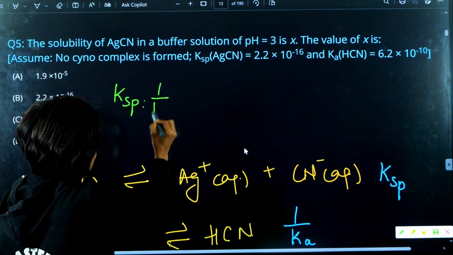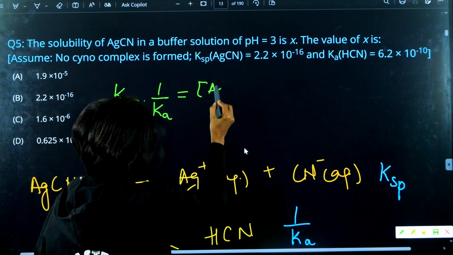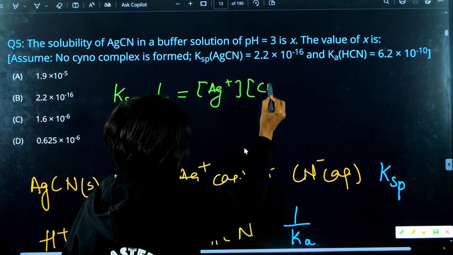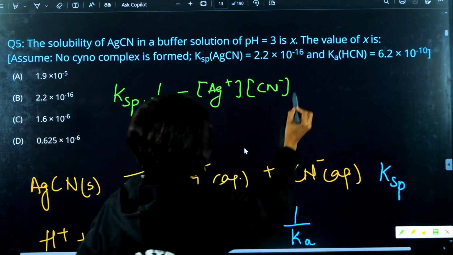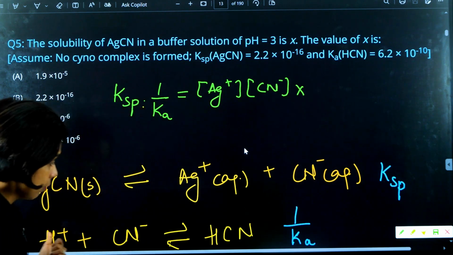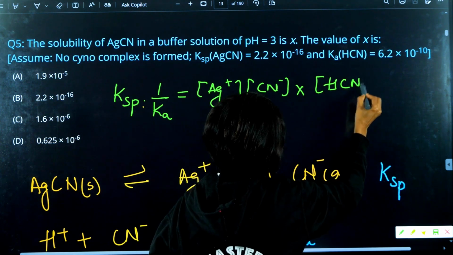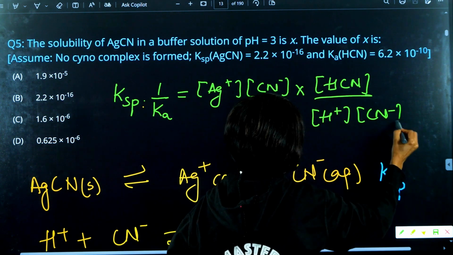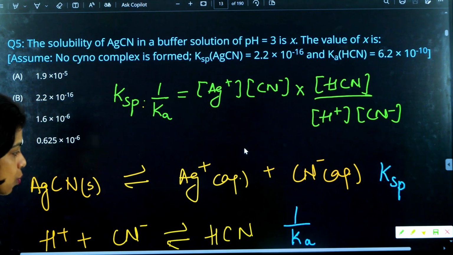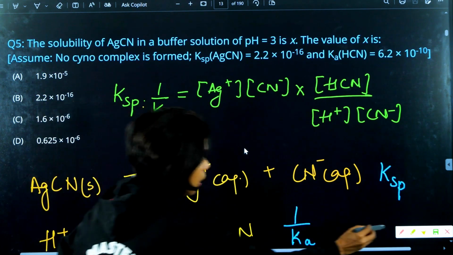So Ksp times 1/Ka. The formula for Ksp is the concentration of Ag+ times the concentration of CN-. And 1/Ka is the concentration of HCN over the concentration of H+ times the concentration of CN-, the equilibrium constant for the second reaction.